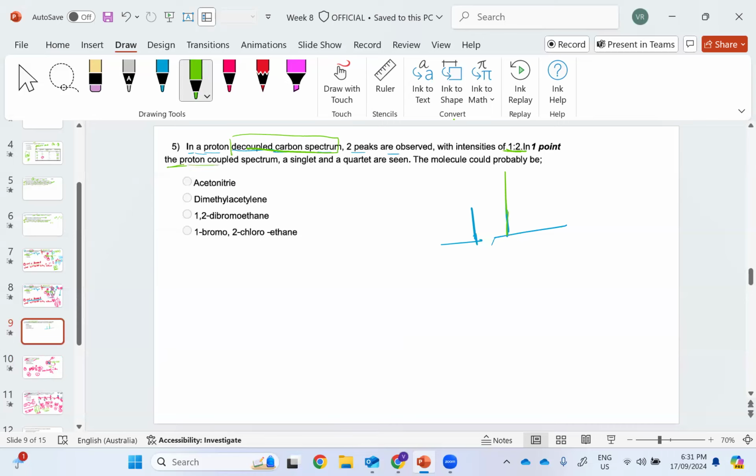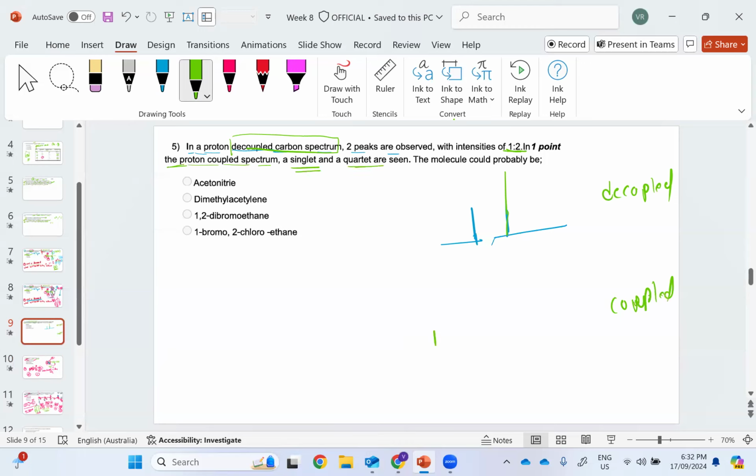This is proton decoupled. Now let's say it is the proton coupled spectra for the same molecule, which shows a singlet and a quartet.